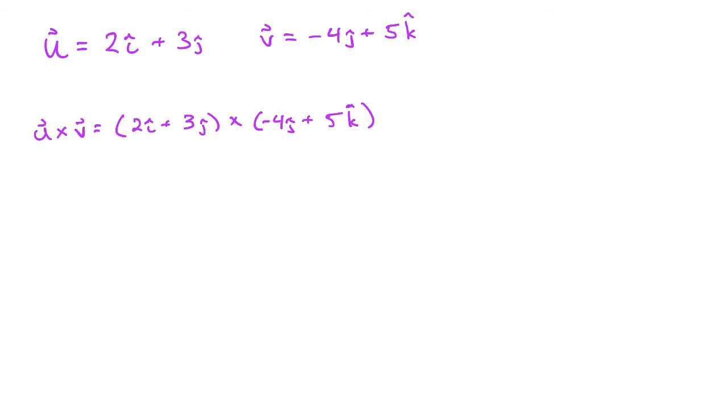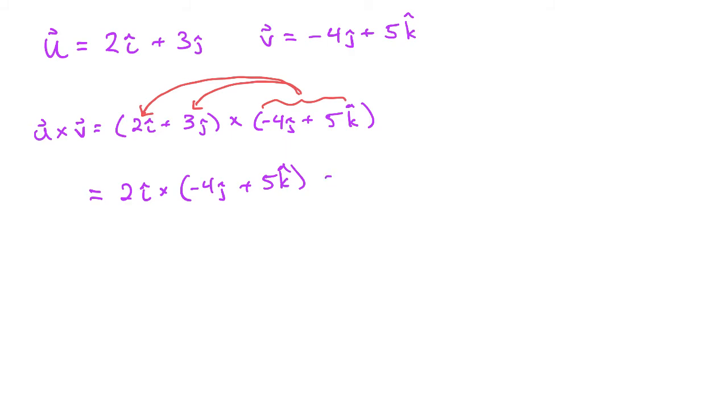Well, according to our distributive property, what we can do is take this i minus 4j plus 5k, and it will distribute to each of the vectors across that sum. And so what we then have will be 2i cross i minus 4j plus 5k, and then plus 3j cross i minus 4j plus 5k.